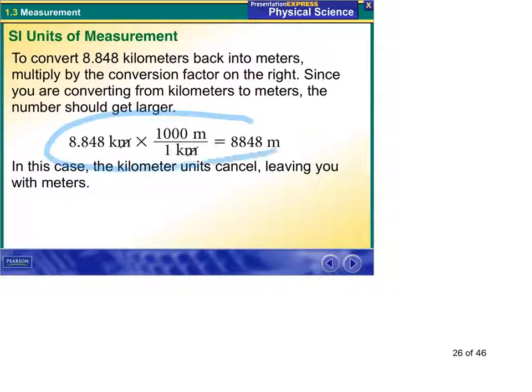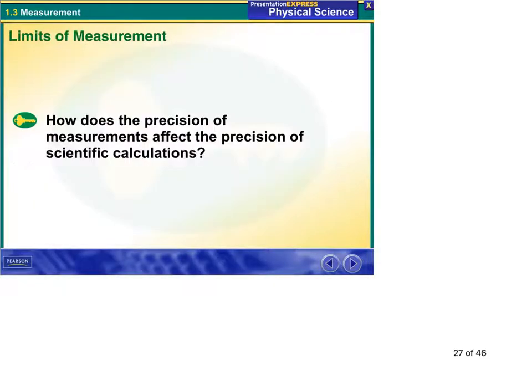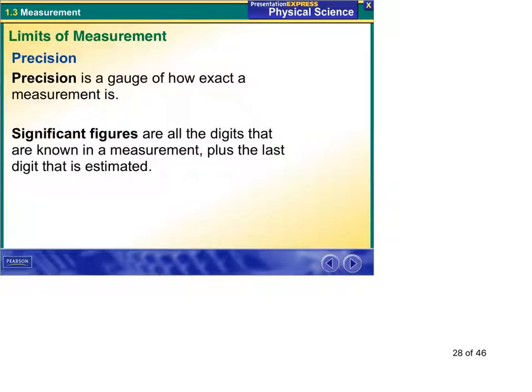So, in science we do number conversions. We use conversion factors for a lot of different things. And we also need to limit how we report things, the limits of measurements, and how the precision of measurements affects scientific calculations. Precision is a gauge of how exact a measurement is.